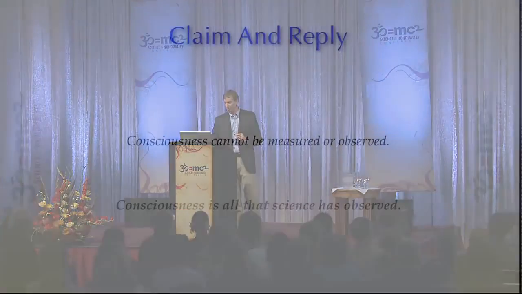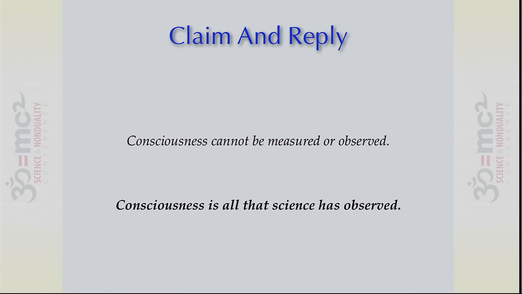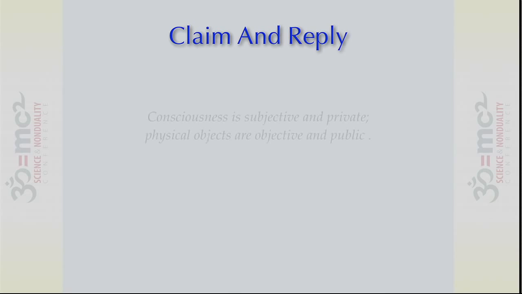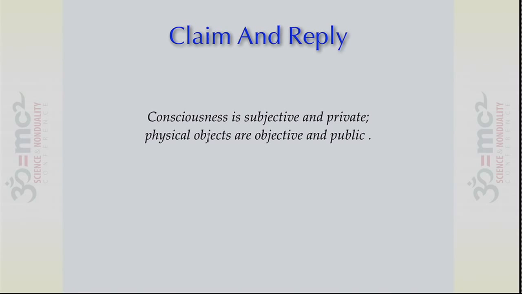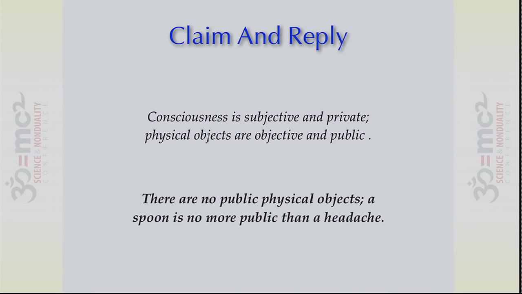So I'm going to do a couple of claims and replies and then just hint where I'm going with this. One claim about consciousness and science is that consciousness can't be measured or observed. I would claim rather that, if what I've been saying is correct, consciousness is the only thing that science has ever observed. Claim and reply: consciousness is subjective and private, physical objects are objective and public.